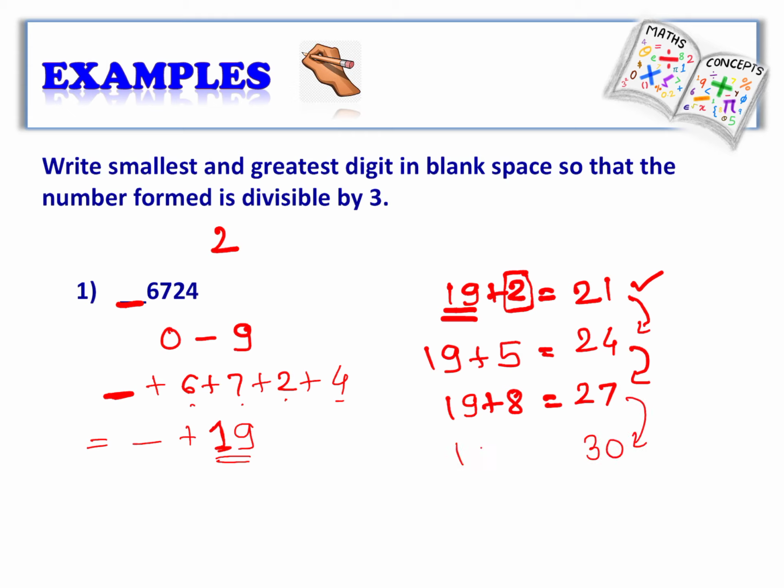To get 30, we will have to add 11 to 19, but we cannot add 11 here. We want just one digit. 11 would be a 2-digit number, and that's why it will not be 11. So the greatest number that we can have at blank space is 8 for number to be divisible by 3.